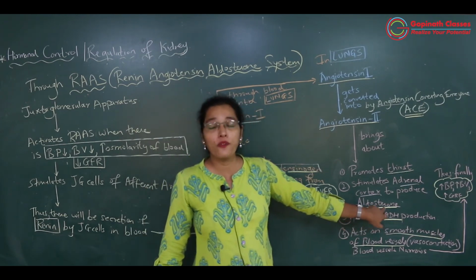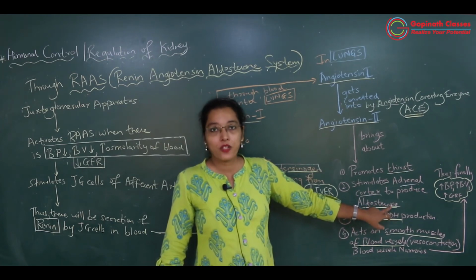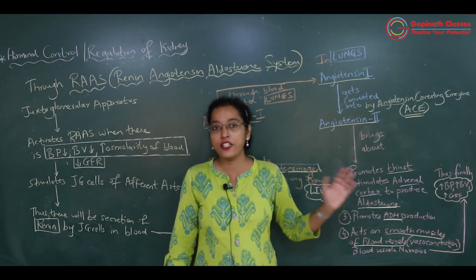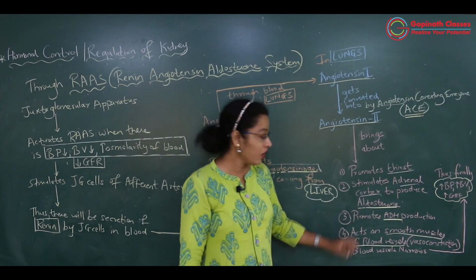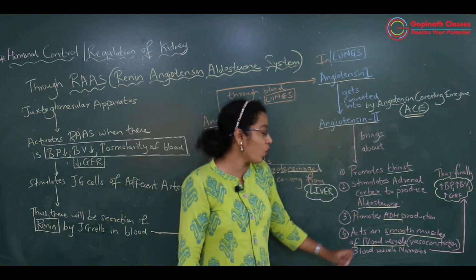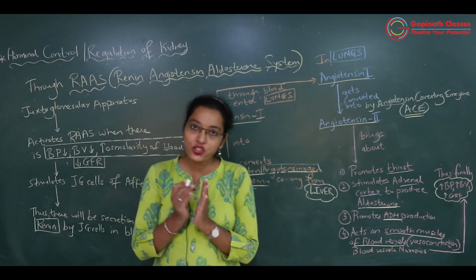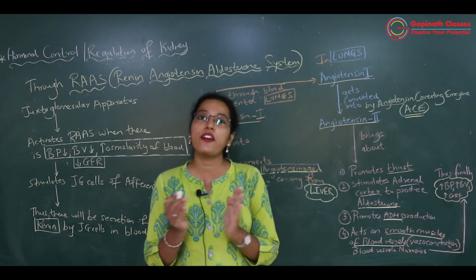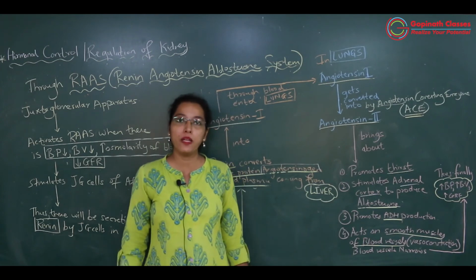Means which type of reabsorption is taking place in DCT? Facultative reabsorption. Or else it is also known as conditional reabsorption. We have studied that. Then what is the other effect of angiotensin 2? Angiotensin 2 is also responsible for contraction of the smooth muscles of blood vessels, and due to contraction of the smooth muscles of the blood vessels, what is going to happen?